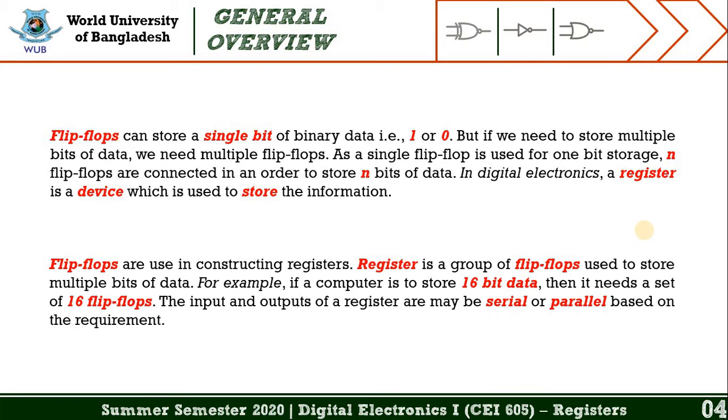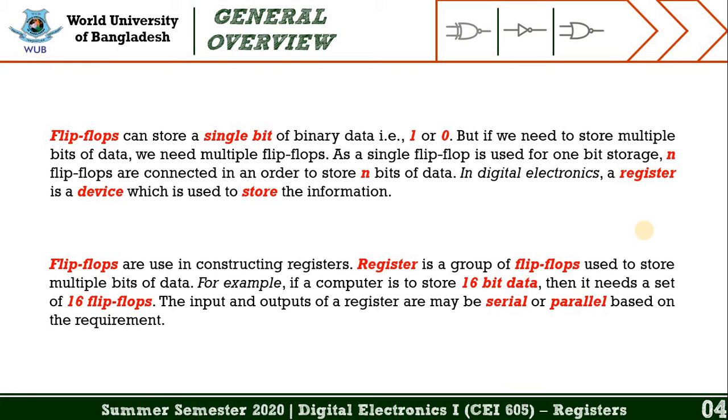In digital electronics, a register is a device which is used to store information. Flip-flops are used in constructing registers. I repeat it again. A register is a group of flip-flops which is used to store multiple bits of data. For example, if a computer is to store 16-bit data, then it needs a set of 16 flip-flops.